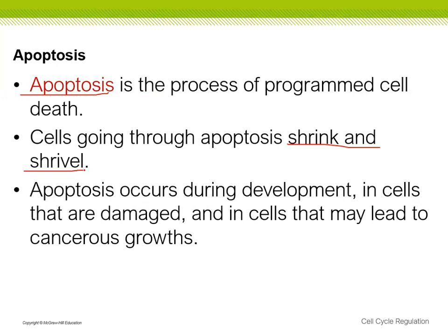And again, this is really important because a damaged cell with poorly copied DNA is what can lead to cancer. So cancer is either damage to the cell process, the checks and balances in the cell cycle, or damage to the cell itself. If it misses even one of these, that's where you can get cancer from.